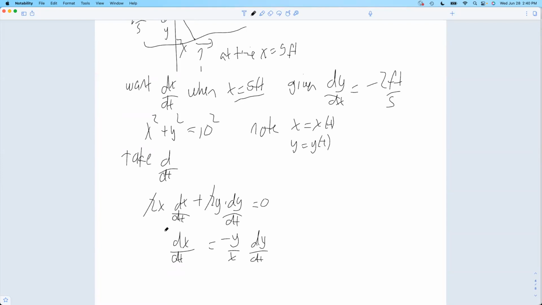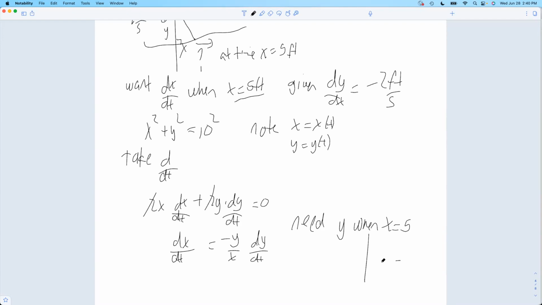But notice I can't just plug in x equals 5. A lot of times you don't realize this until you get down to this point. You're like, oh, darn it, I need something else. So I note here, I need y when x equals 5, because x and y are changing at the same time.